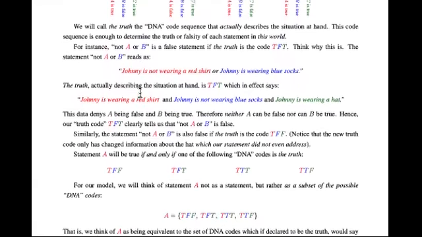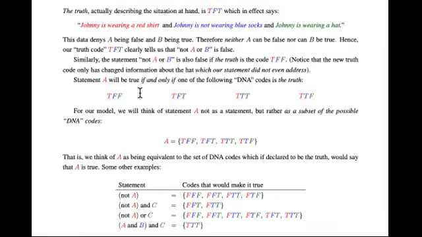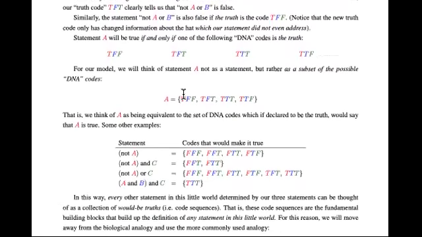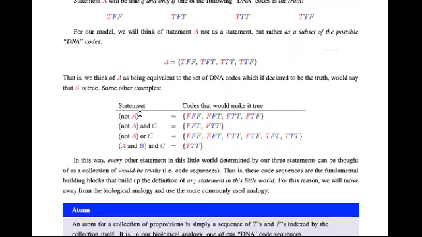In particular, let's look at all codes that let the statement just A itself be true. Well, that's simply all codes that have T for A. Likewise, the statement not A would be all codes that have F at the first. Not A and C would be all the ones that don't have A, but have C being true, and so forth.